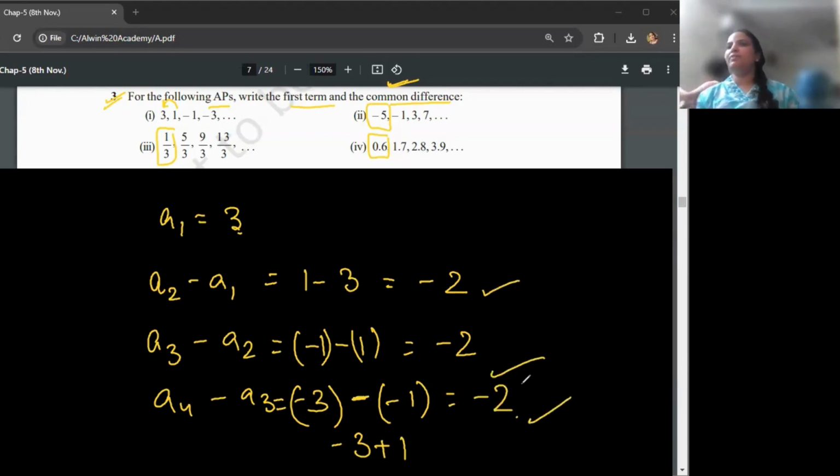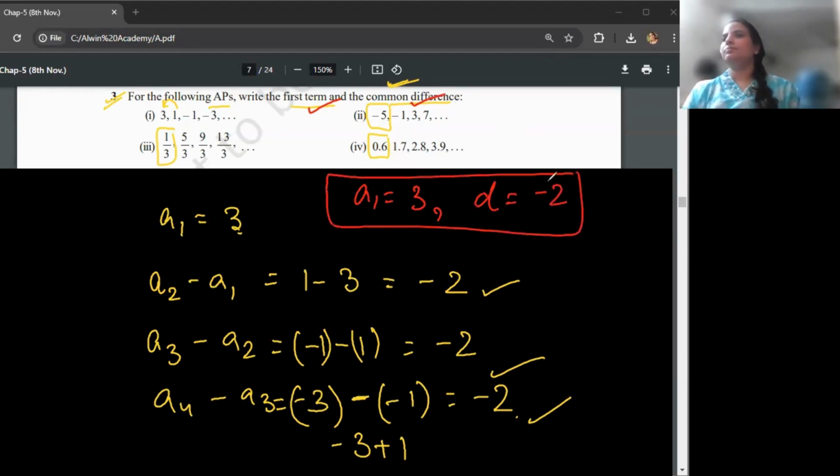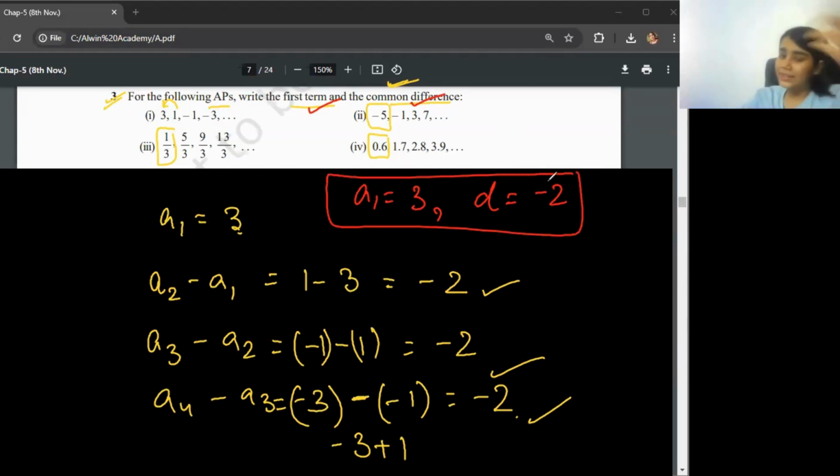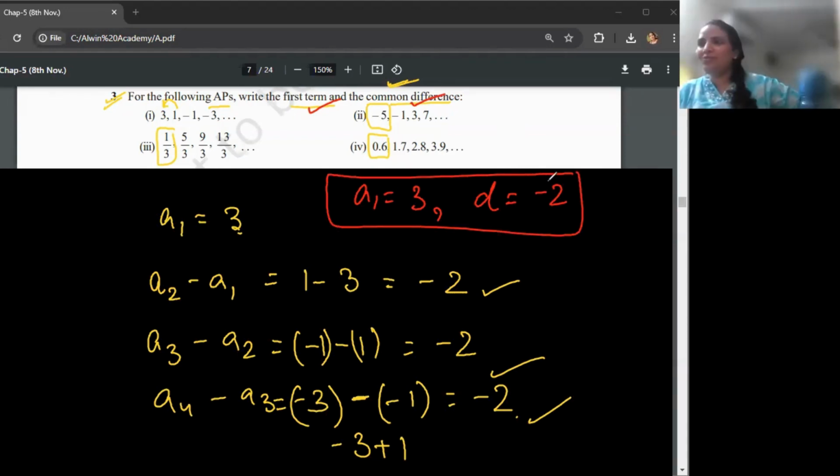Since the common difference is the same, this is AP, but they have not asked you to verify that if that is AP or not. They've only asked you to find out the first term and common difference. So that is A1 is 3 and D is minus 2. Understood or not, bache? Ma'am, can we write this directly? No. Okay.